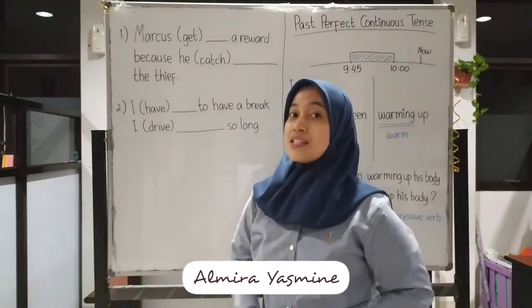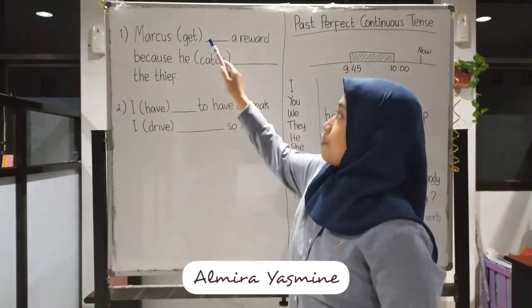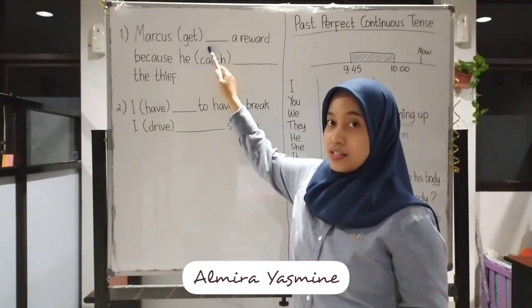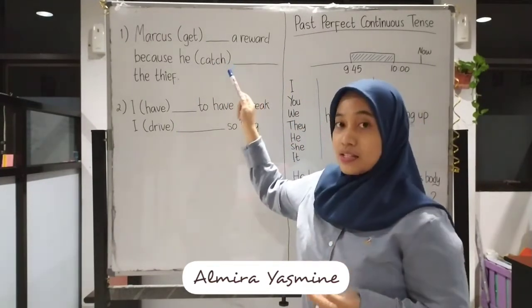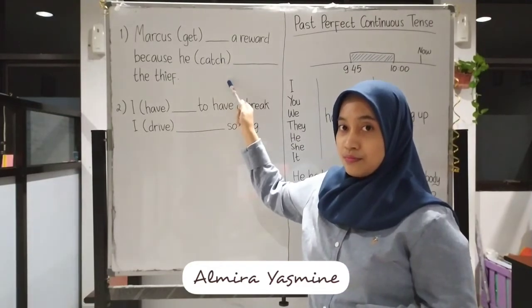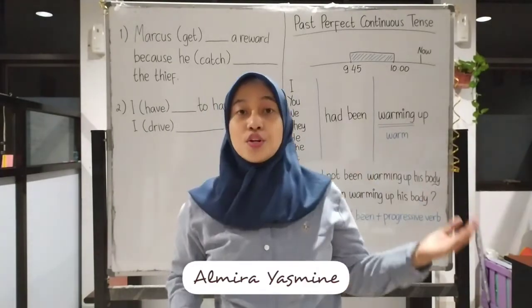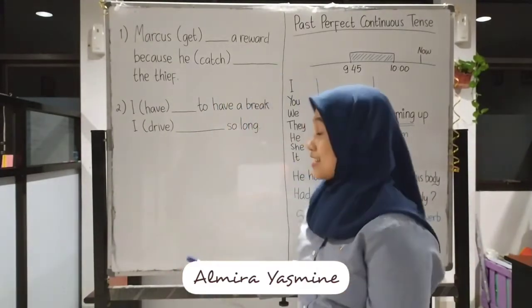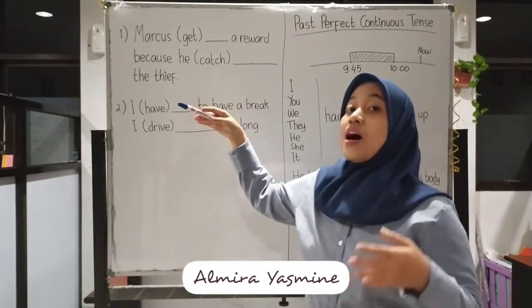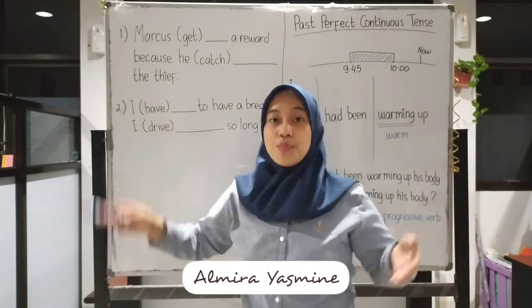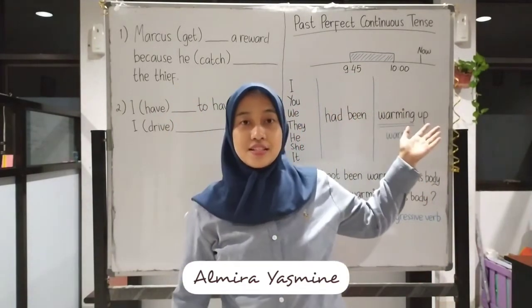What is the correct answer for the first sentence and for the second sentence? What formula are you going to use: the past simple tense, the past perfect tense, or the past perfect continuous tense?